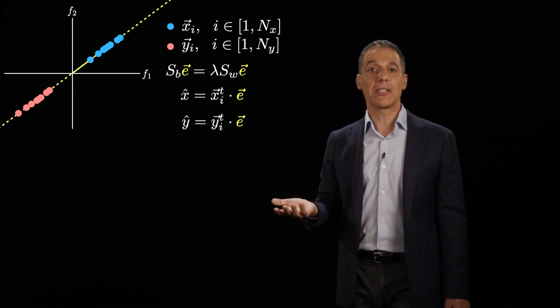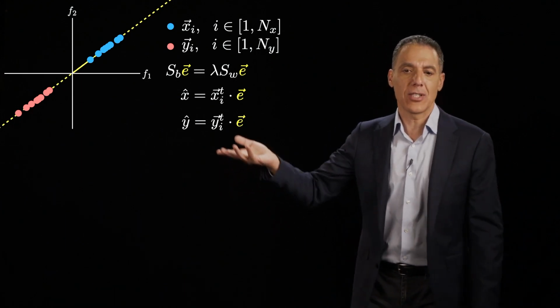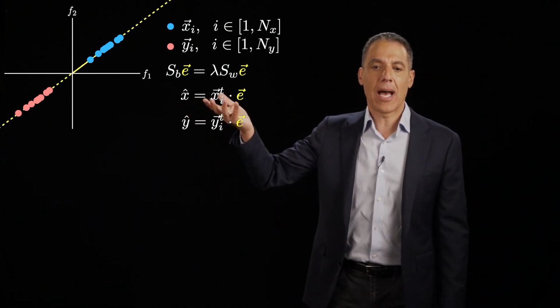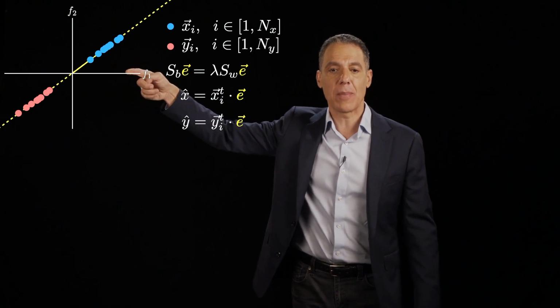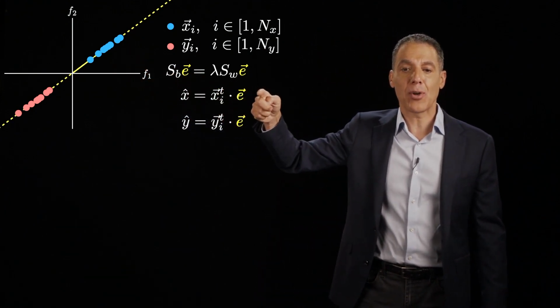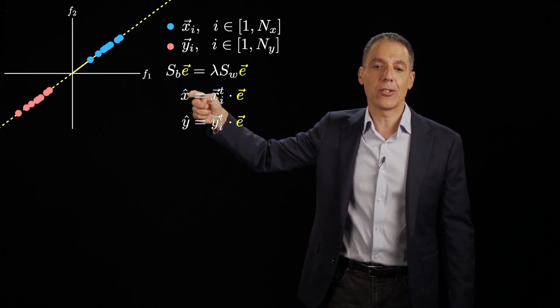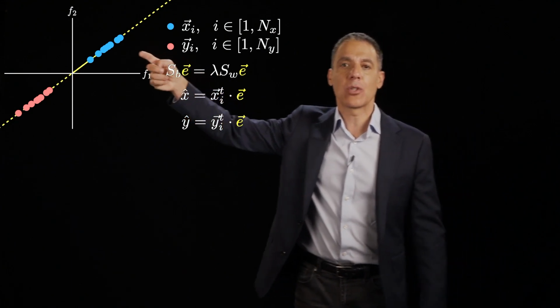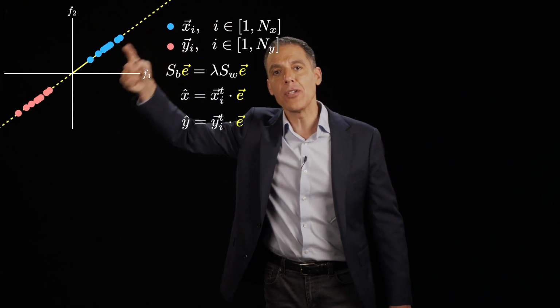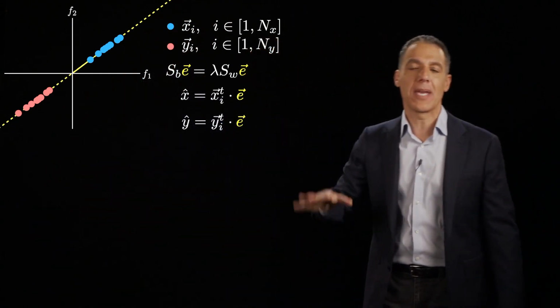So how do we project the data onto an eigenvector? Well, that's easy. Take every point x_i in the two-dimensional space, take a dot product with the eigenvector, and that's going to give me some scalar value, let me call that x hat, which corresponds to these values on a one-dimensional subspace of the full space.